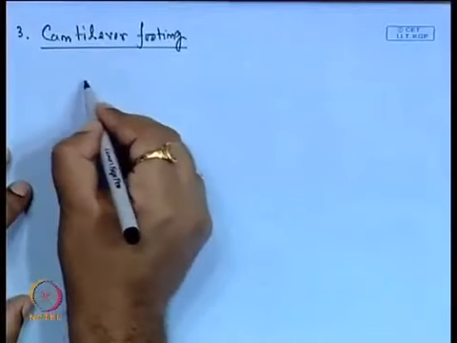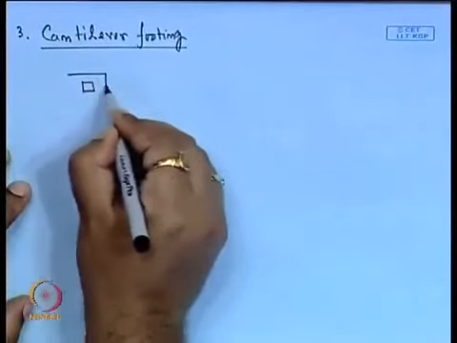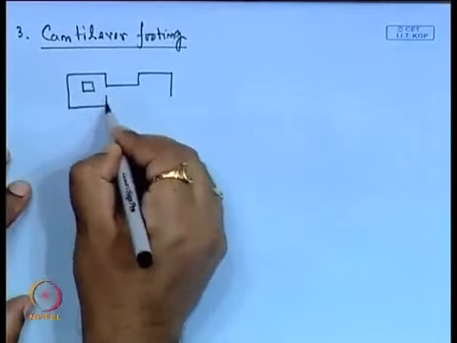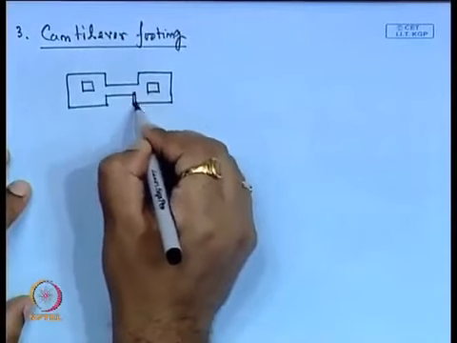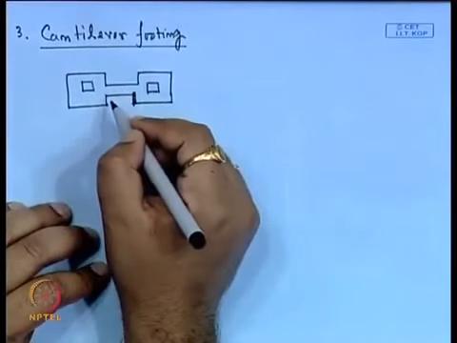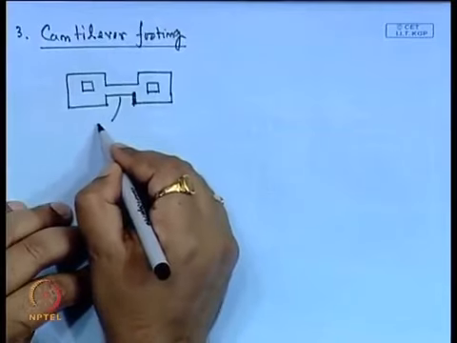So, this is the cantilever footing that I have already mentioned. The footing looks like this, and these are the two columns which are attached. That means these are the columns which are attached by one strap beam.